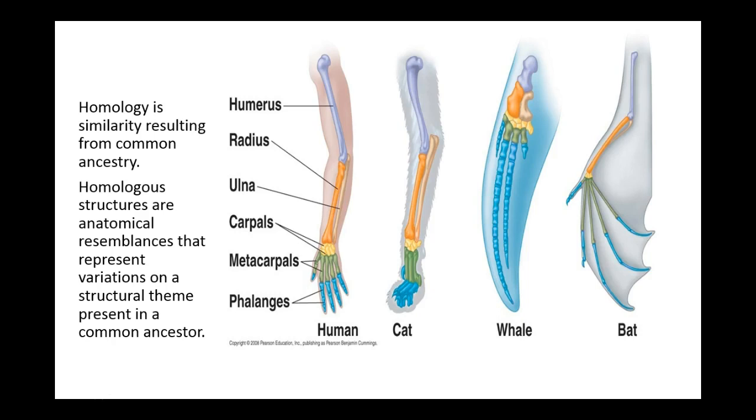You have a similar arrangement in a whale and a similar arrangement in a bat. Comparing the bat to the human, you have a humerus and a humerus bone, that's the purple one. You have the ulna or radius, whichever it happens to be, as the orangey one, and then in the bat, in the wing, you actually have what becomes the carpals, metacarpals, and then phalanges in terms of bones.